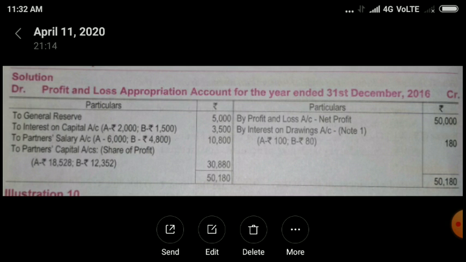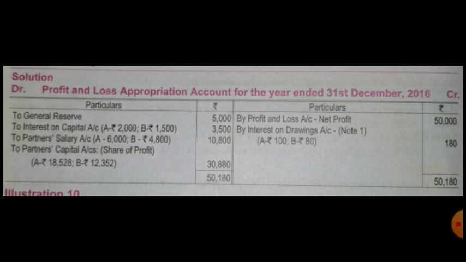Now partner salary. Partner salary is also considered appropriation of profit and loss, but not like employee salary. It is not treated as an expense, rather it is treated as appropriation of profit or loss. So it is entered in the debit side of the profit and loss appropriation account.